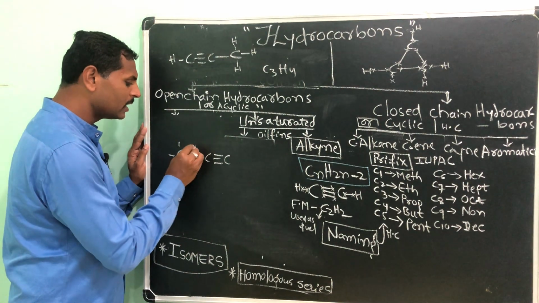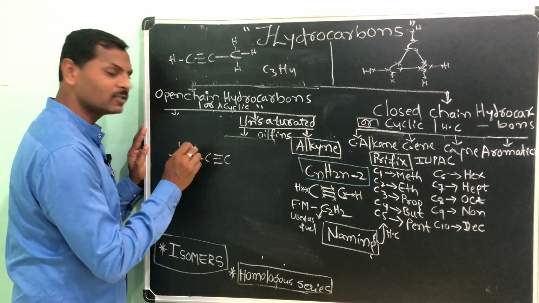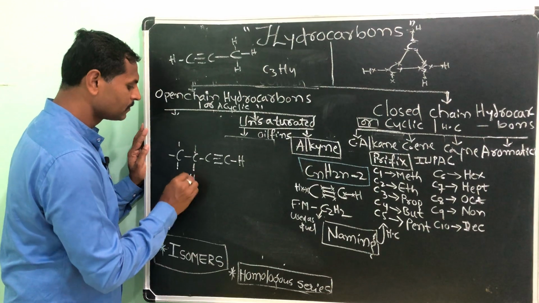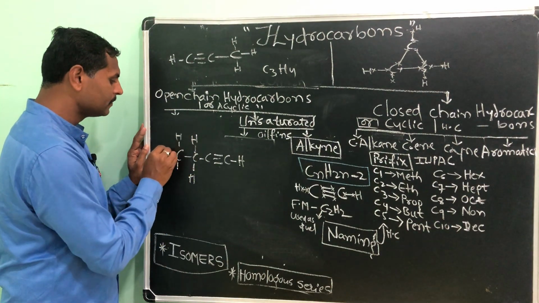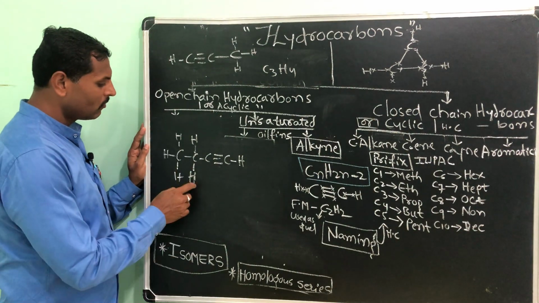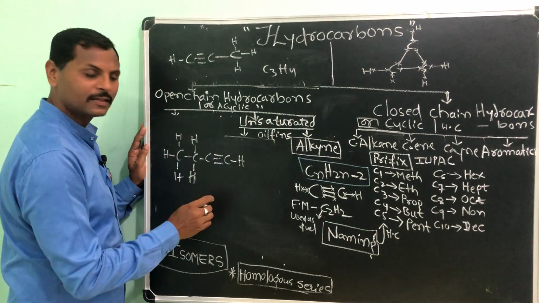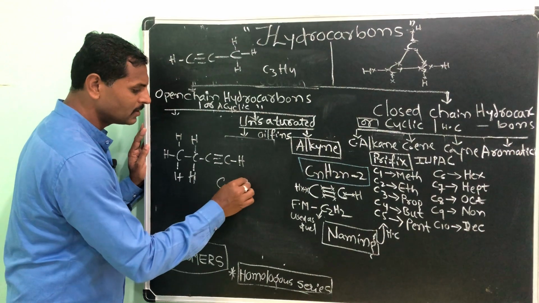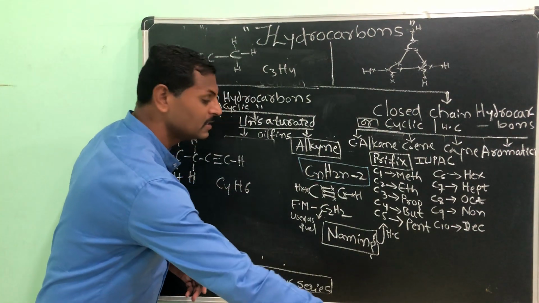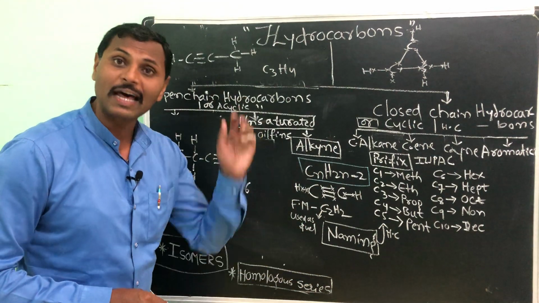It is already satisfied. So see here. Understood? 1, 2, 3, 4, 5, 6. C4H6. On this basis, we can make a very simple general formula for the alkyne group.